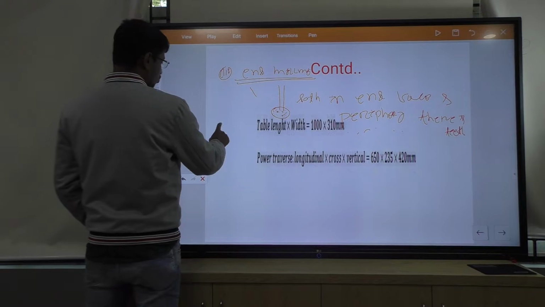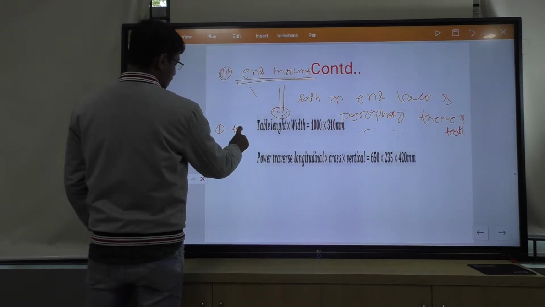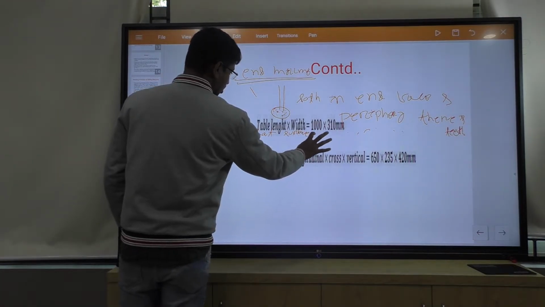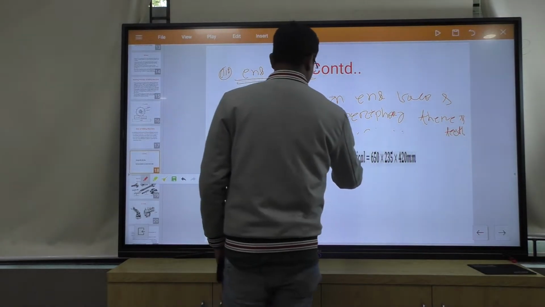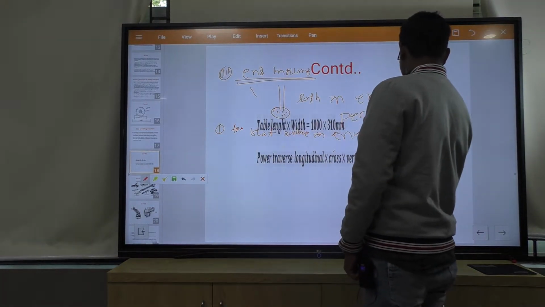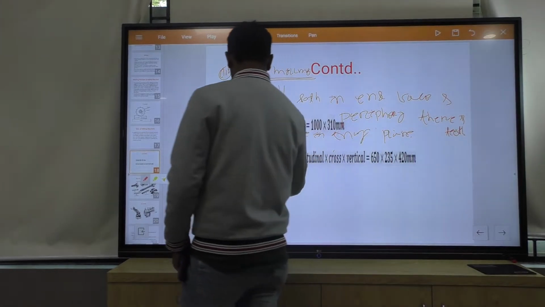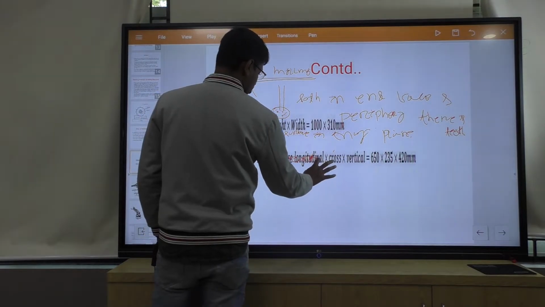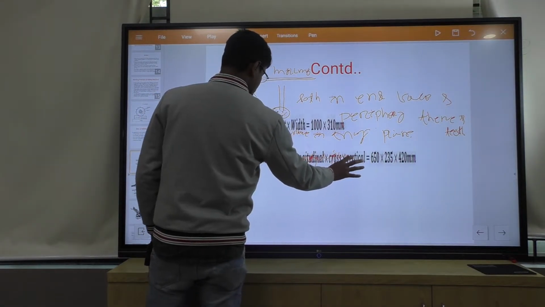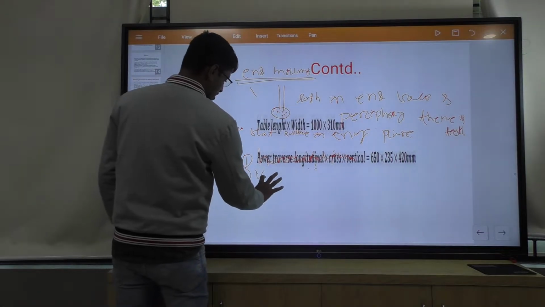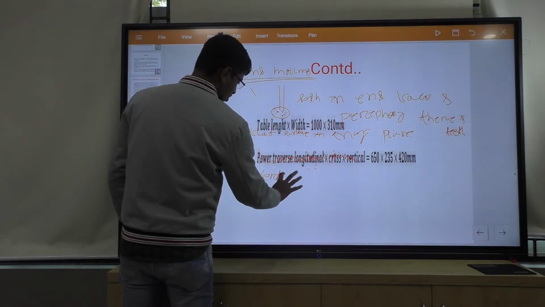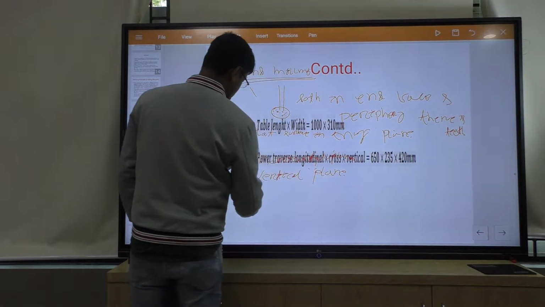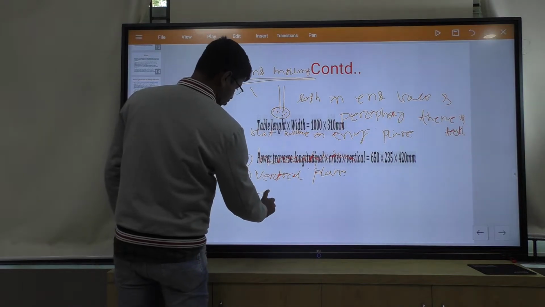End milling is used to produce flat surfaces in any plane, that is in the horizontal plane, vertical plane, and also in angular positions.